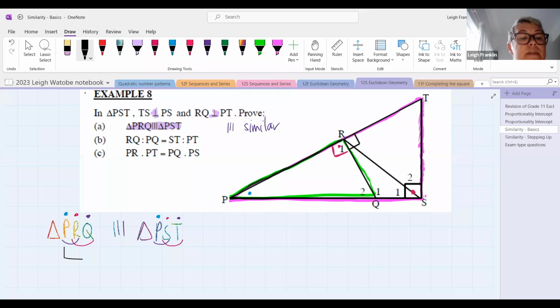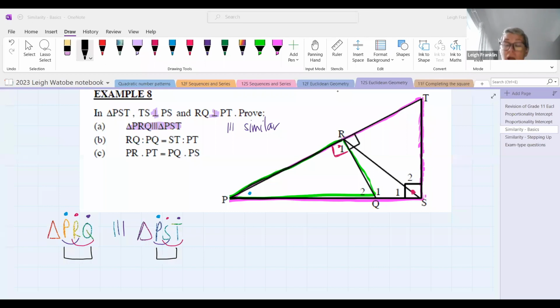So in other words, side PQ is also equal to side PT. Side PQ is this one over here. Side PT is going to be that one over there. Okay, so both of those sides are the hypotenuse. They are both opposite the right angle in their respective triangles. Okay, so this is very, very, very important information that I'm giving you here.